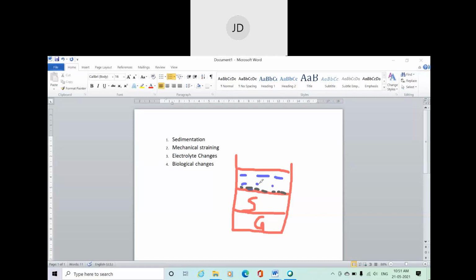The organic matter present in water is first consumed by the bacteria and virus, and these bacteria and virus are mainly heterotrophs. I'm giving the name here also.